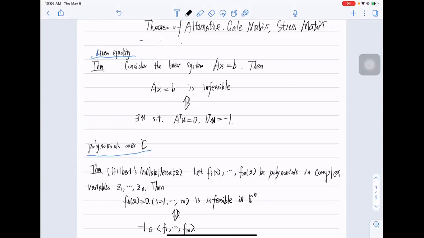So there are two statements, and exactly if one of the problems is infeasible, it means the other problem is feasible, and vice versa.